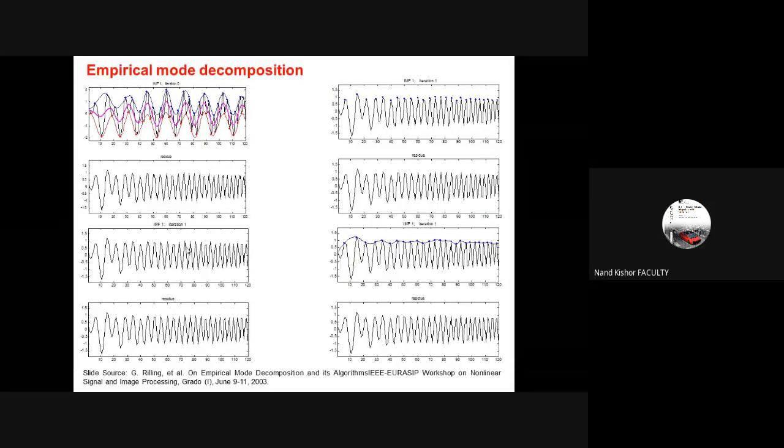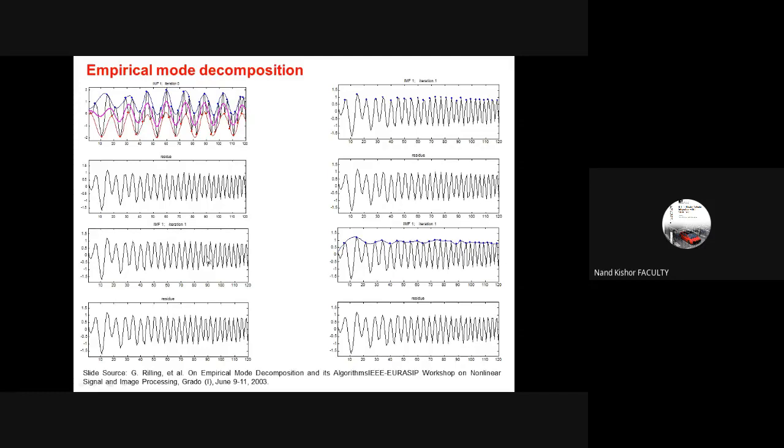Now for the first iteration, you consider this residue as your original signal. So you can see that this residue is now your original signal, right? And in the same way you have your IMF 1 and you have a residue as well.